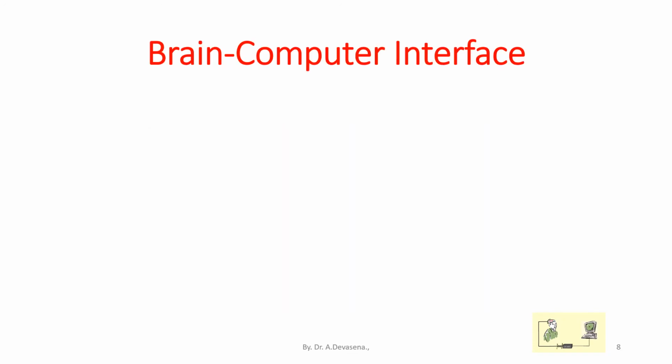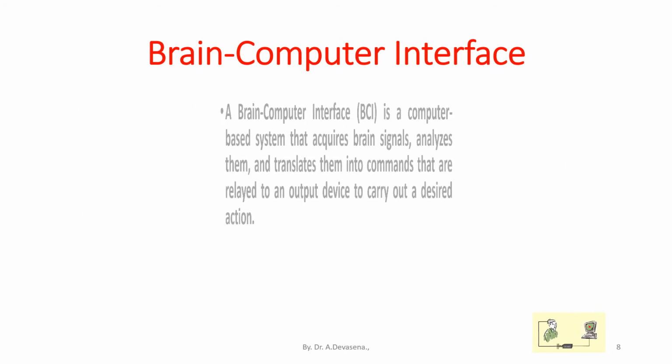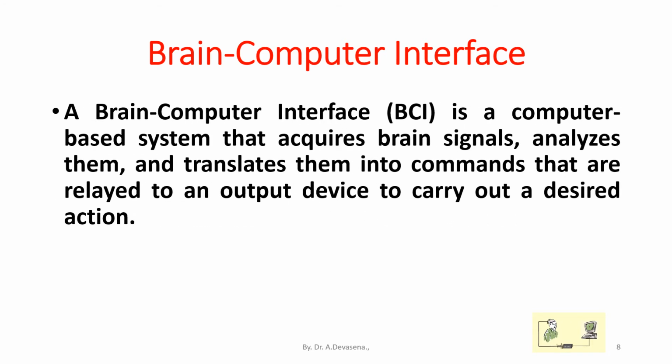Brain computer interface. A brain computer interface (BCI) is a computer based system that acquires brain signals, analyzes them, and translates them into commands that are relayed to an output device to carry out a desired action.